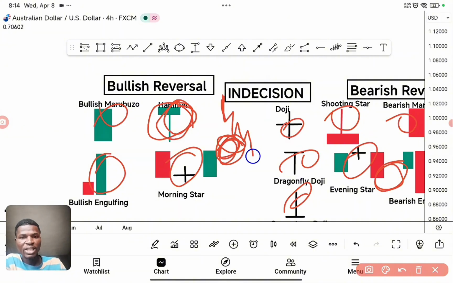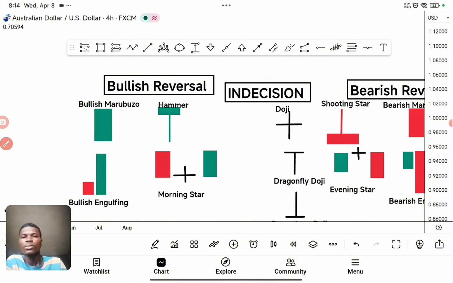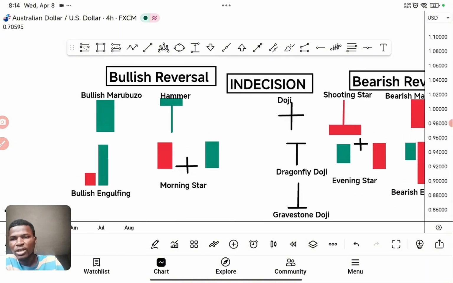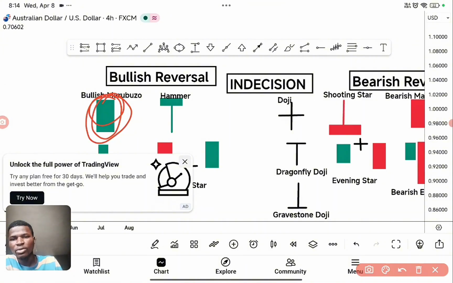The buyers just take over from nowhere, boom, and push it up, and they end up closing. The bullish side ends up winning the candle. So this is a bullish Marubozu. Whenever you spot it, you know that the bullish side is in full control.